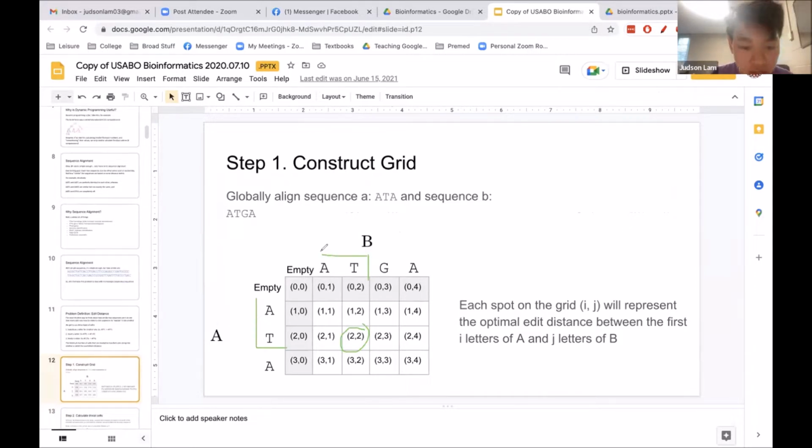Can anyone tell me which part of the grid will tell me your final answer? Bottom right corner. Richard says bottom right corner. Why do you say bottom right corner? Yeah, at that point you've aligned both sequences.